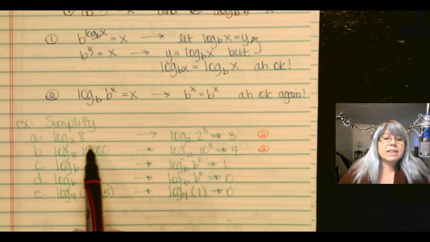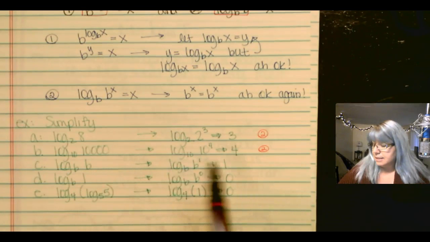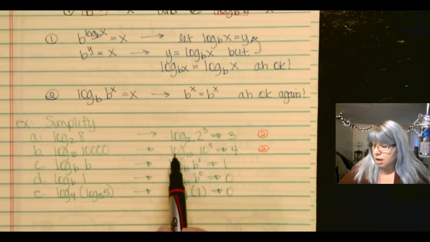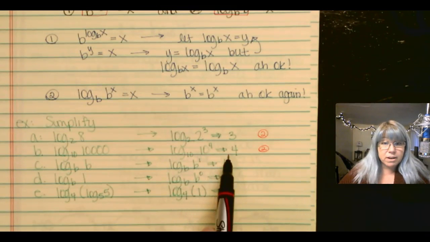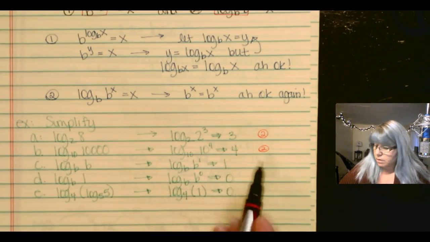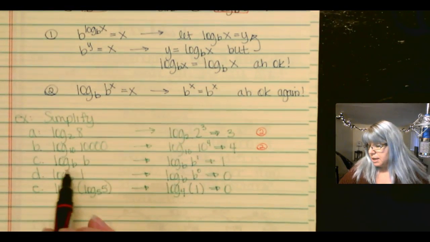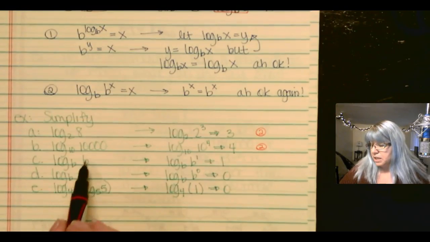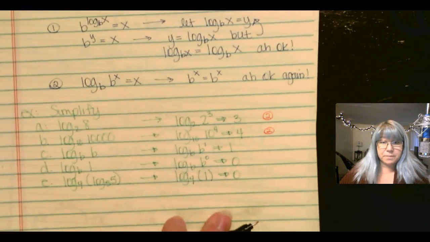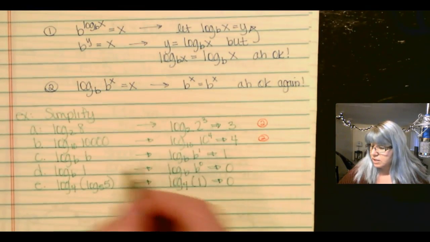I can rewrite 10,000 as 10 to the 4th. This log base 10 cancels out, leaving the answer 4. Here's log base b of b to the 1st, and therefore the answer is 1.